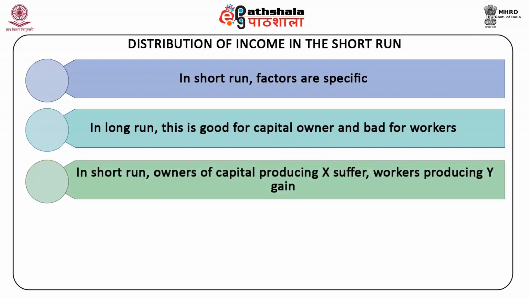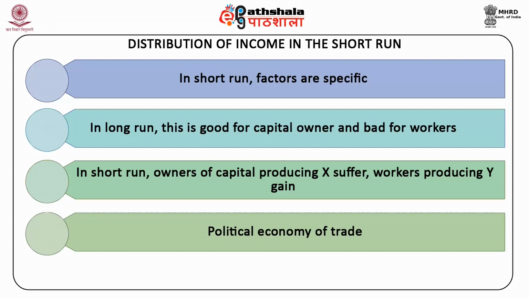But in the short run, owners of capital that are currently used in good X production may suffer, while workers currently employed in good Y may gain. Such short-run gains and losses determine the political economy of trade.